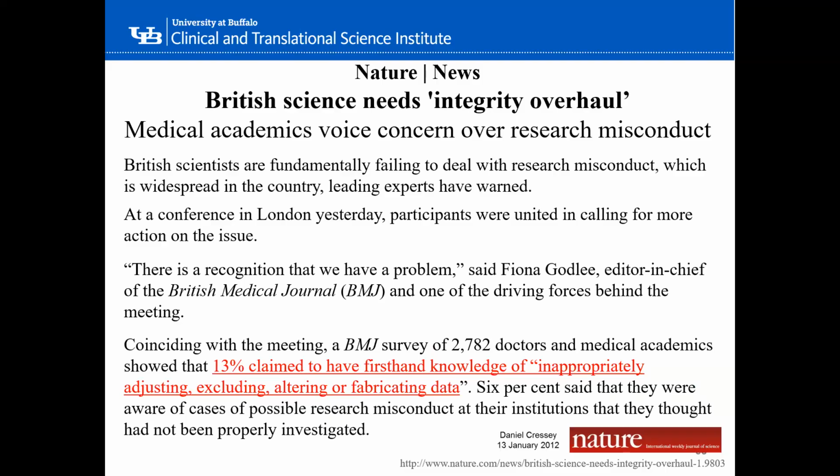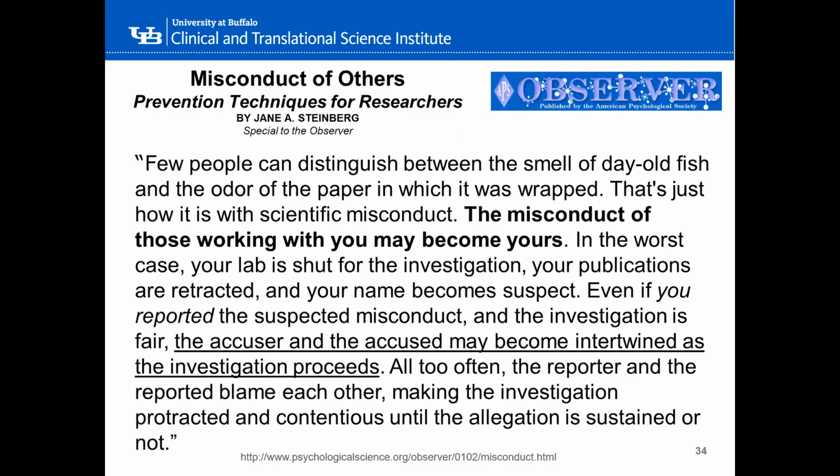In this paper that was published in the British Medical Journal, this study found that 13% of doctors and medical academics had firsthand knowledge of inappropriately adjusting, excluding, altering, or fabricating data, but only 6% said that they were aware of cases of possible research misconduct at their institutions that they thought had been properly investigated. So this is a problem. You can sort of get under the radar screen, at least for a while, if you engage in this misconduct, but eventually the truth will be out.